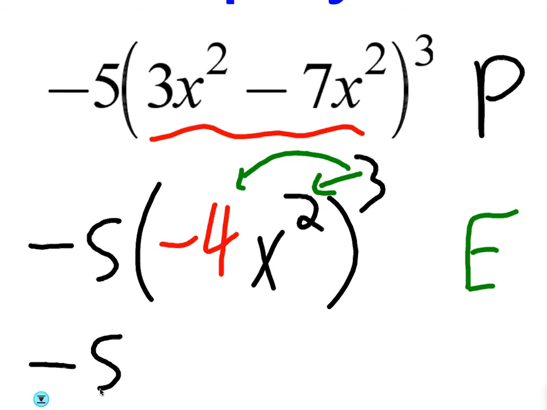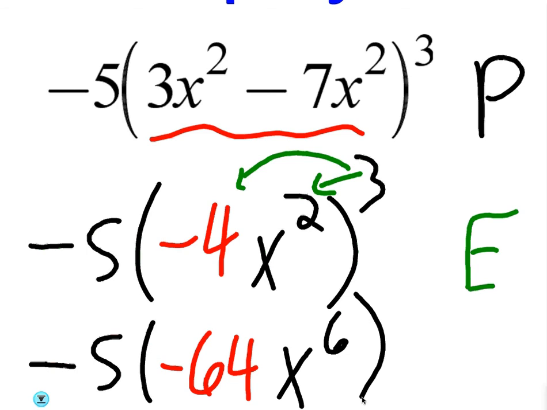Nope, because the exponent only applies to what's in the parentheses. That's why it's up and to the right of the parentheses. If the negative 5 were within there, then yes. Good question. And what's negative 4 cubed? Negative 64. X squared cubed. There we go.